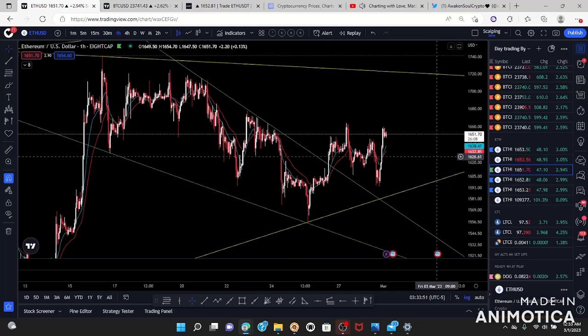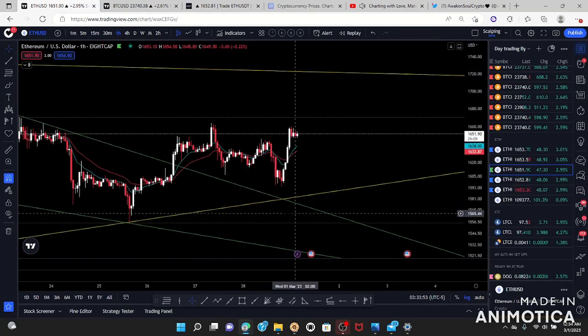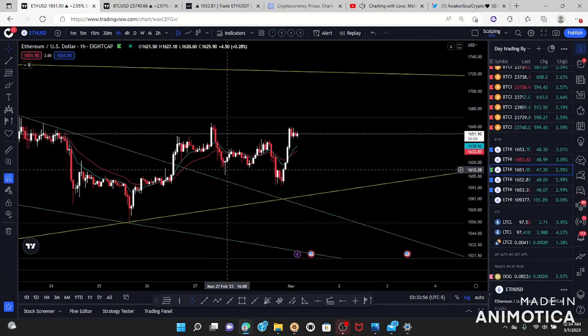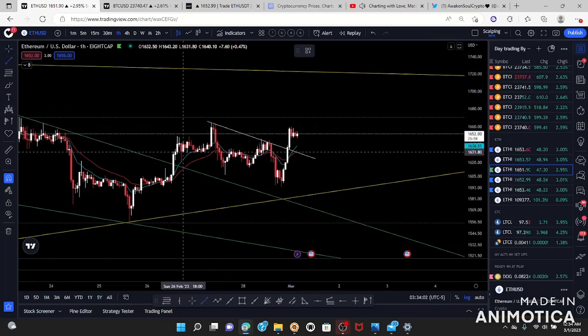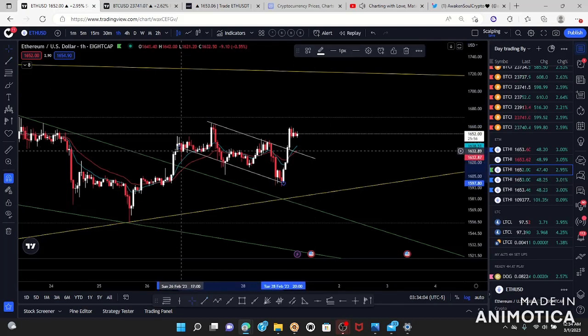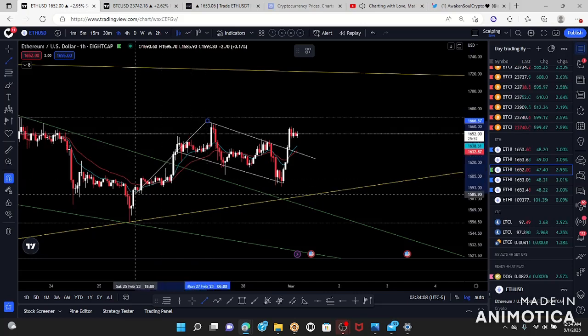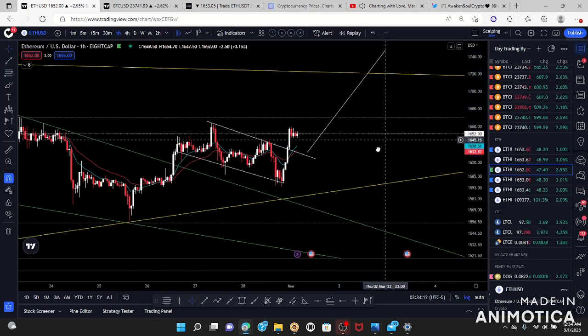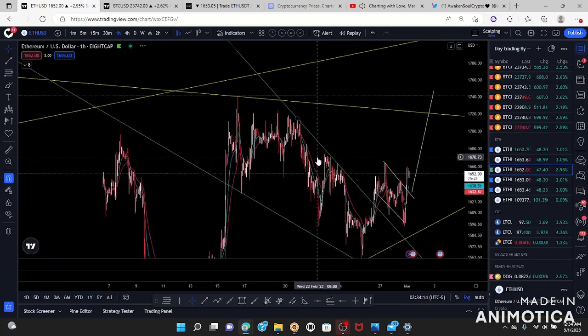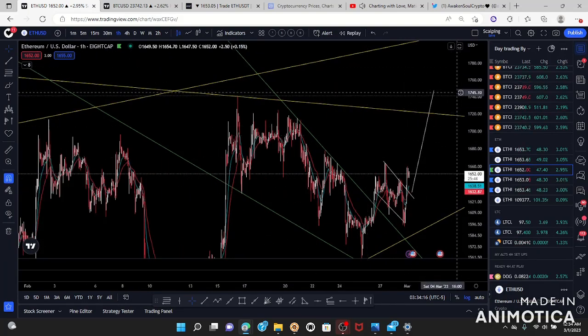But anyhow, right here, just based on this break, I was seeing this bull flag earlier, and the measure move from this bull flag. So next stop could be 1740.